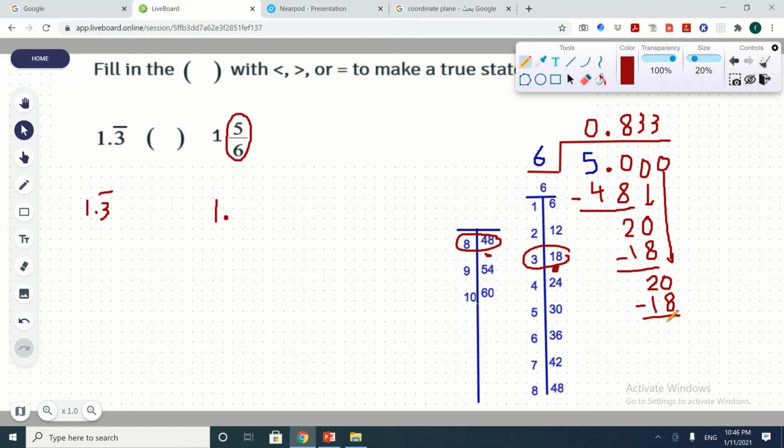Subtract يعطينا 2. Bring down 0. شو تلاحظون؟ صارت 20. وال 20 كم 6 فيها؟ فيها 3. We must stop here. 3 repeats. It means this is a repeating decimal and 3 is the repeating number.